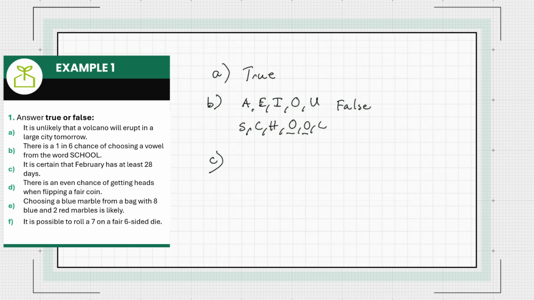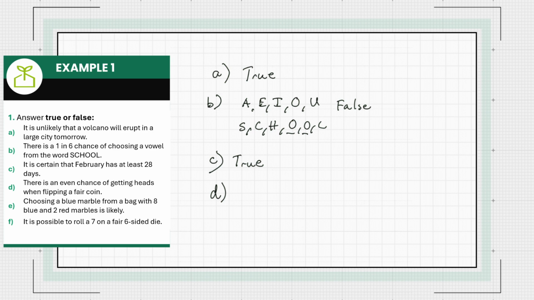Alright. It's certain that February has at least 28 days, and this is of course true. Alright, let's look at D. So there is an even chance of getting heads when flipping a fair coin. Now, an even chance just means in all the outcomes of a particular experiment, each outcome has the same chance of occurring.